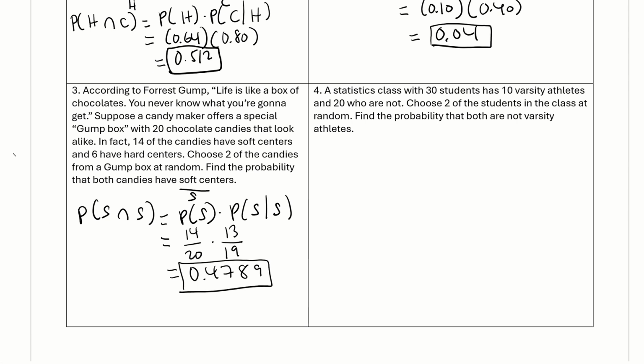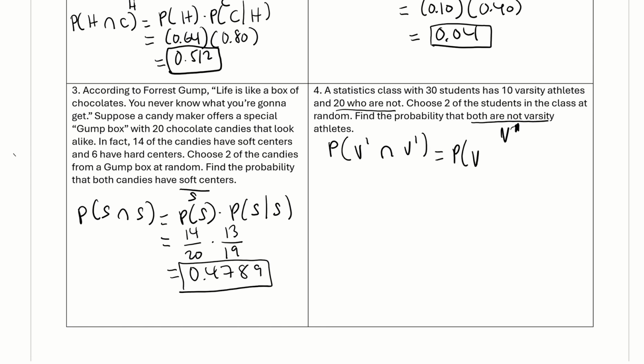All right, so number 4, a statistics class with 30 students has 10 varsity students and 20 who are not. Choose 2 of the students in the class at random. Find the probability that they're both not varsity. V is varsity, so we'll say V prime for not varsity. So not varsity and not varsity.